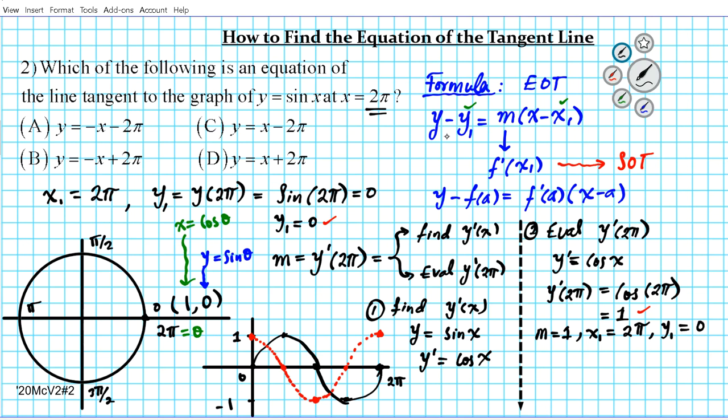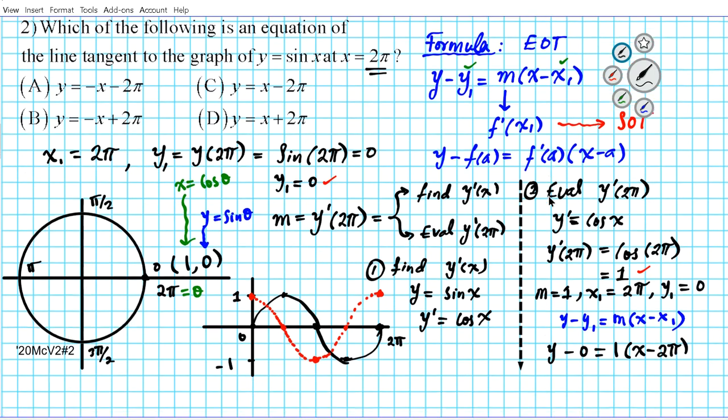All right, so we're going to put everything into this formula that we have right here. Let's rewrite it so we don't forget. y minus y1 equals m times x minus x1. So it's going to be y minus 0 equals m, which is 1, times x minus x1, which is 2 pi.